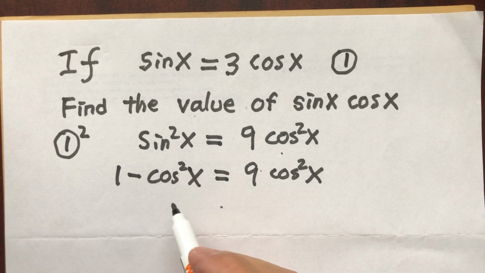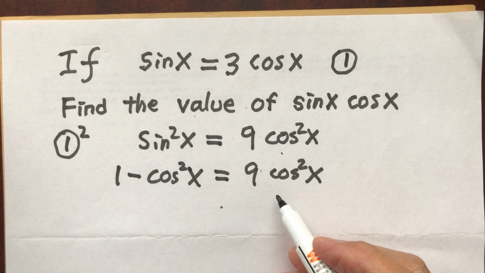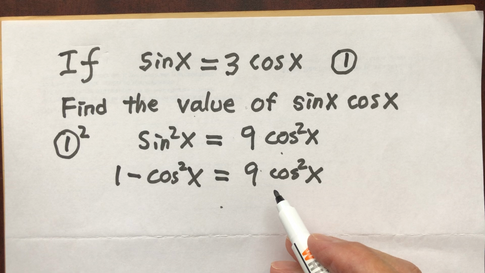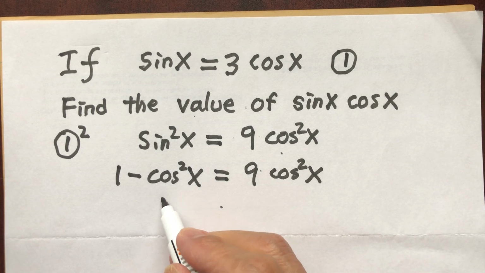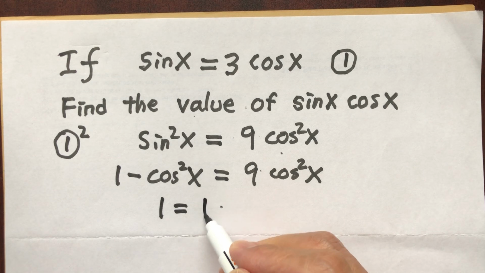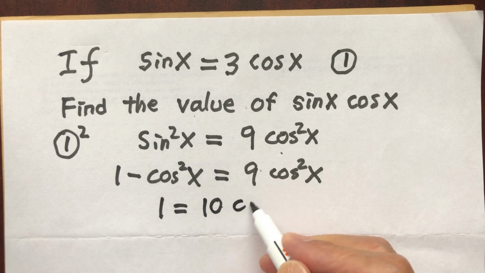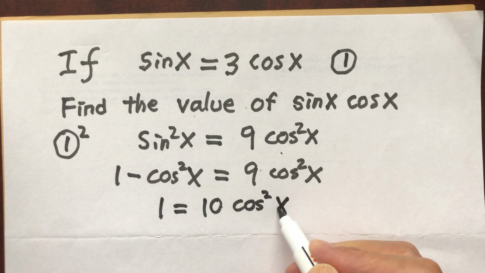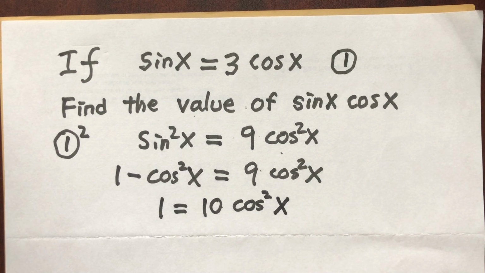Now I have cosine square. I can move this to the right-hand side, and then I have 1 equals 10 cosine square. Okay.